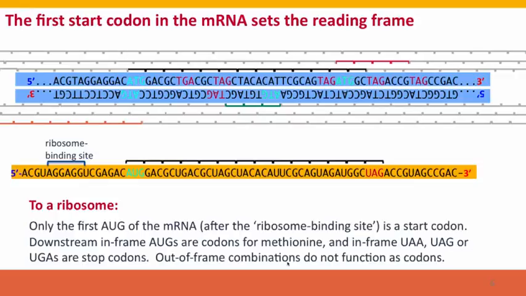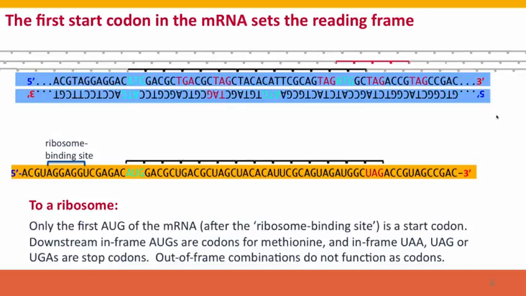So again, here's our sequence with its reading frames, but here's a messenger RNA that's been transcribed from this DNA sequence. Now, this already eliminates 3 reading frames from consideration because we've only got 1 strand, which means that the ribosome will have to move in that direction.